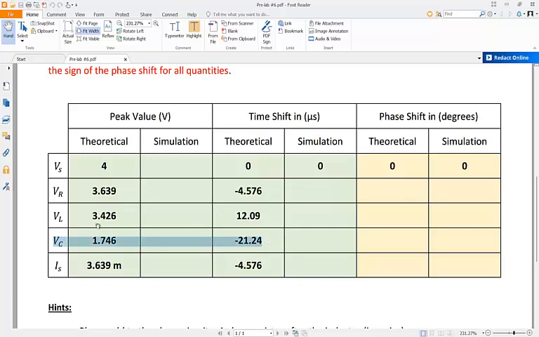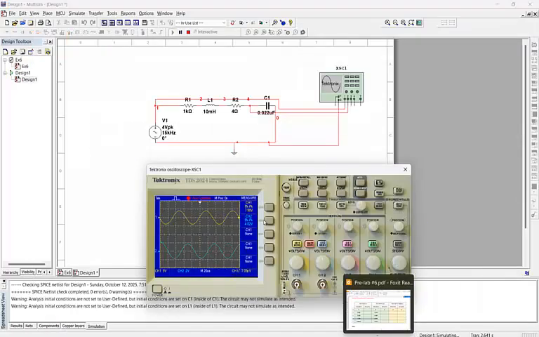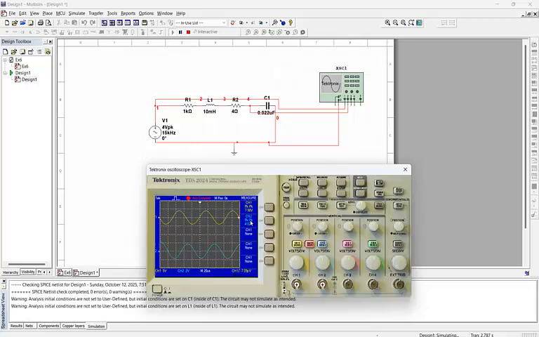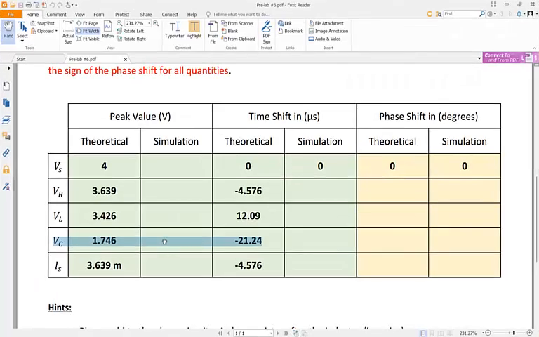So now I am asking about V peak for the capacitor. Here it is 4.02, and notice that it is peak to peak, so you need to divide by 2, so it will be around 2, so put 2 here.